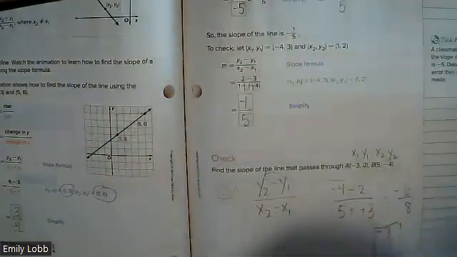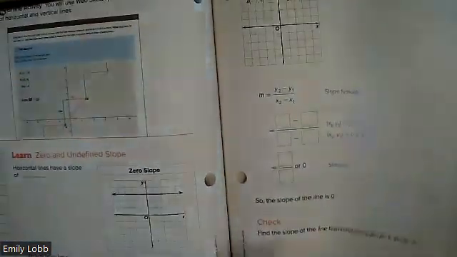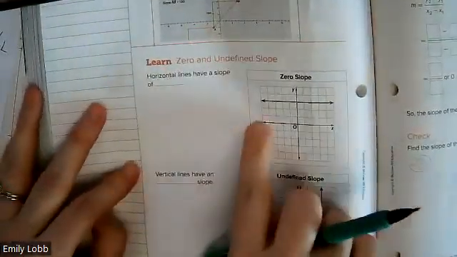All right, we've gone through 4 examples today. The next little bit is just 0 and undefined slope. So I think we might as well fly through here because you've seen this before. Remember, horizontal lines have a slope of 0.